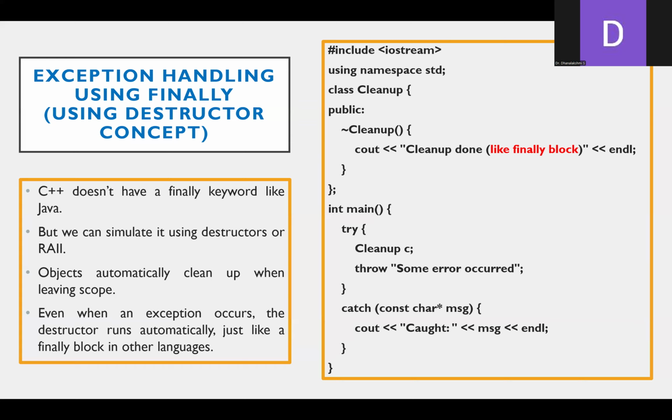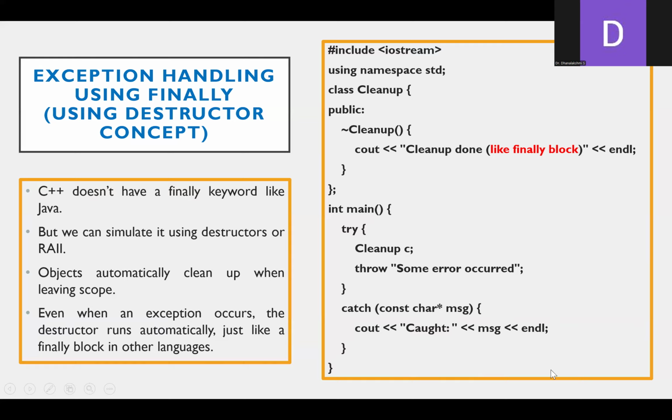Now the catch block handles the exception. After the cleanup, the control transfers to the matching catch, catch const char star message, which does cout caught message endl. Since the thrown object was a const char star, this catch matches perfectly.